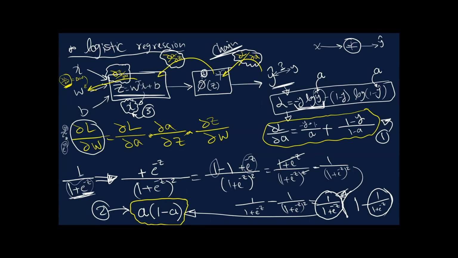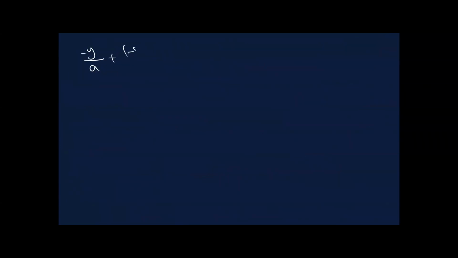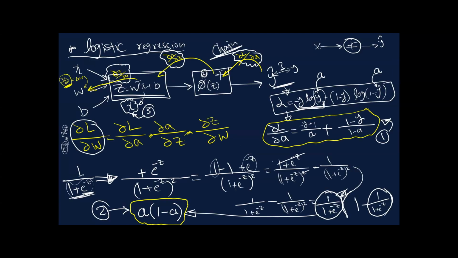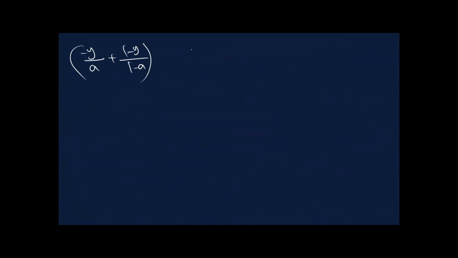Okay, so let's look at this. This function, minus y over a. Okay, so this function, let's multiply it by this, a times 1 minus a.